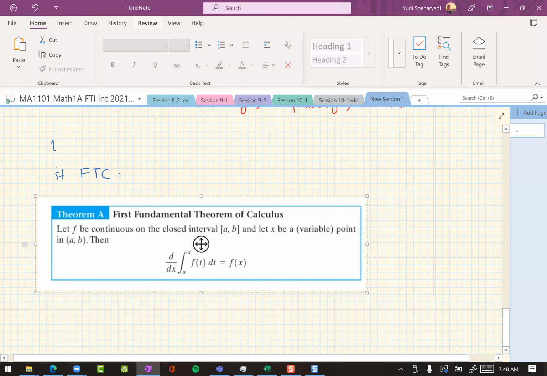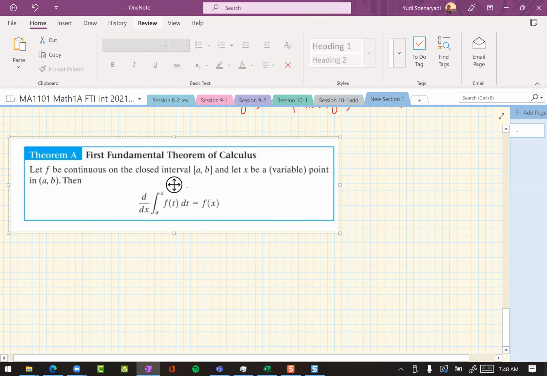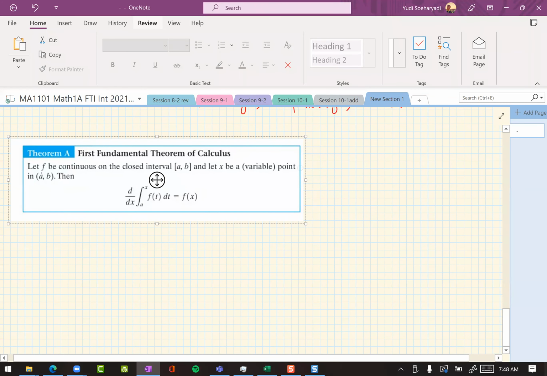First one. Sorry, like this. All right. Okay, so this is the fundamental theorem of calculus. So we're talking about continuous functions on this closed interval. Say this is a point in it. Then we have this one here. Okay. So if you take the derivative of this one here.